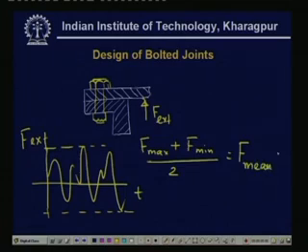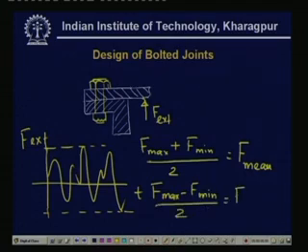Similarly, we can define the force amplitude, which is equal to F max minus F min divided by 2, and this is F amplitude. This data must be known to the engineer who is going to design such a joint.